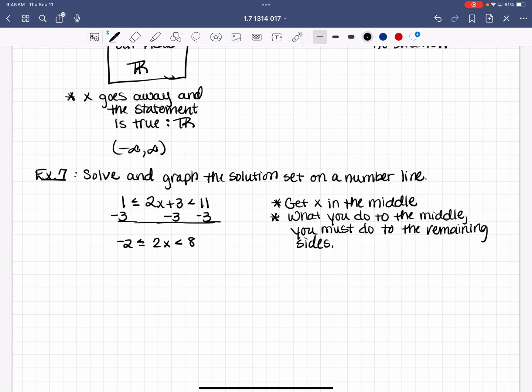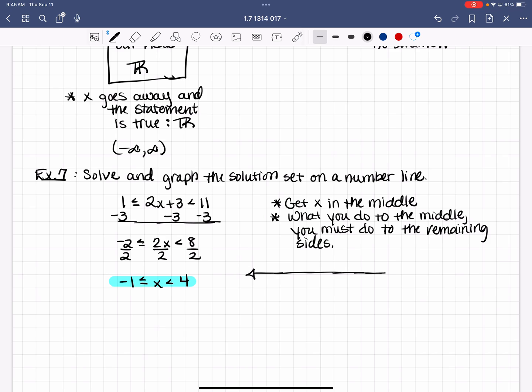Now I need to get rid of the 2 in the middle, so I'm going to divide everything by 2. And that's going to give me negative 1 is less than or equal to x is less than 4. Okay, that looks nice. That's a good problem. That's your answer right there.